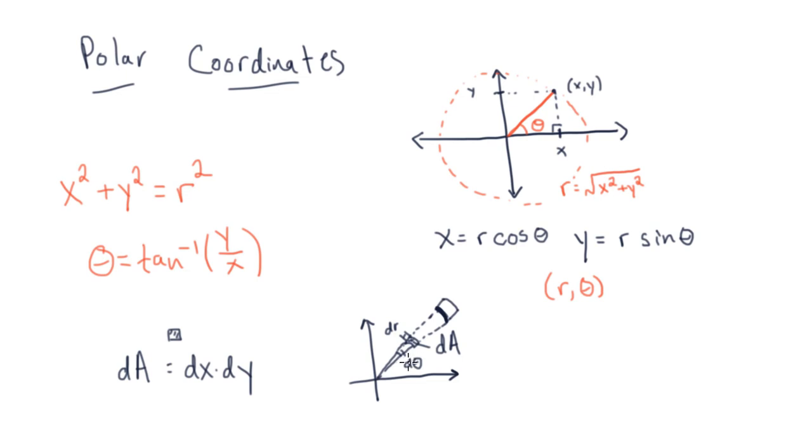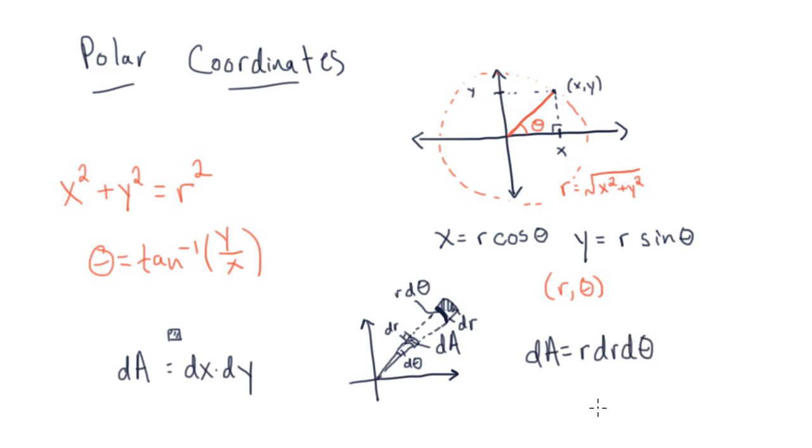So if I have a little change in theta, d theta, this width here is really r d theta. So if I look at a little area region, on the one hand it has width dr, and then it has length r d theta. So dA in polar coordinates is really equal to r dr d theta.